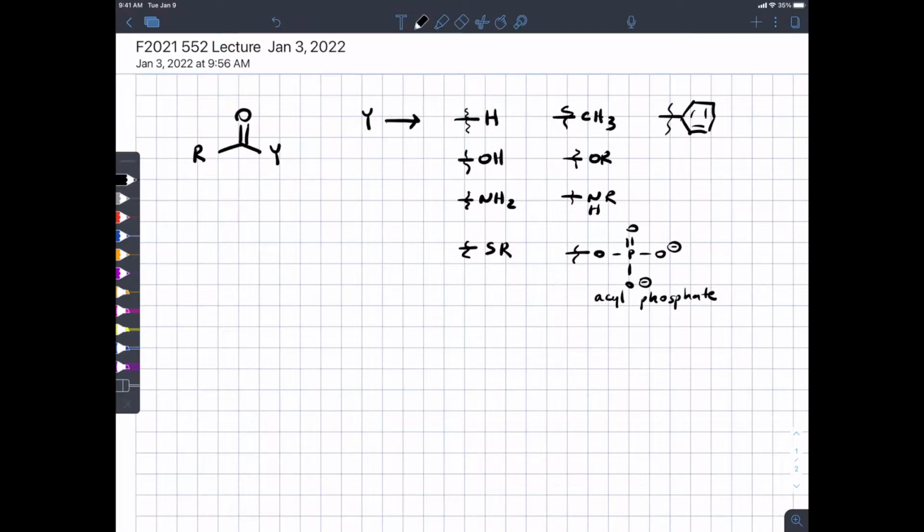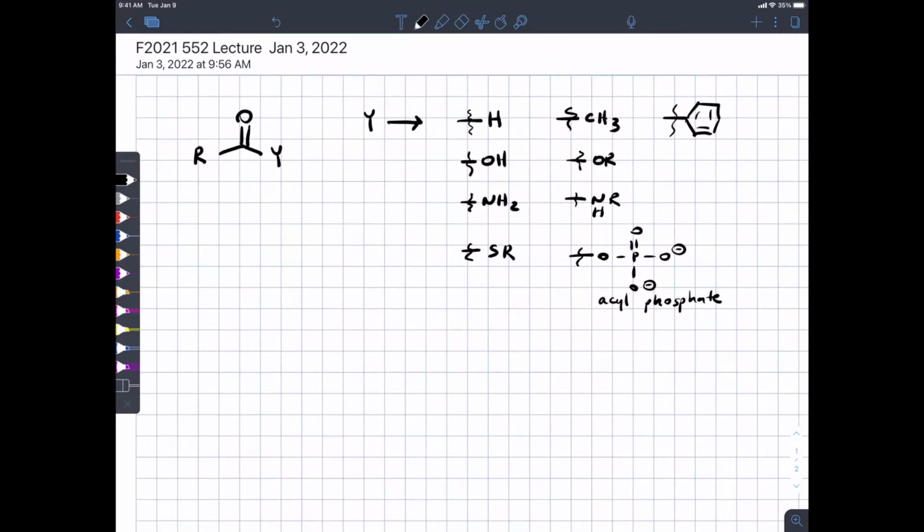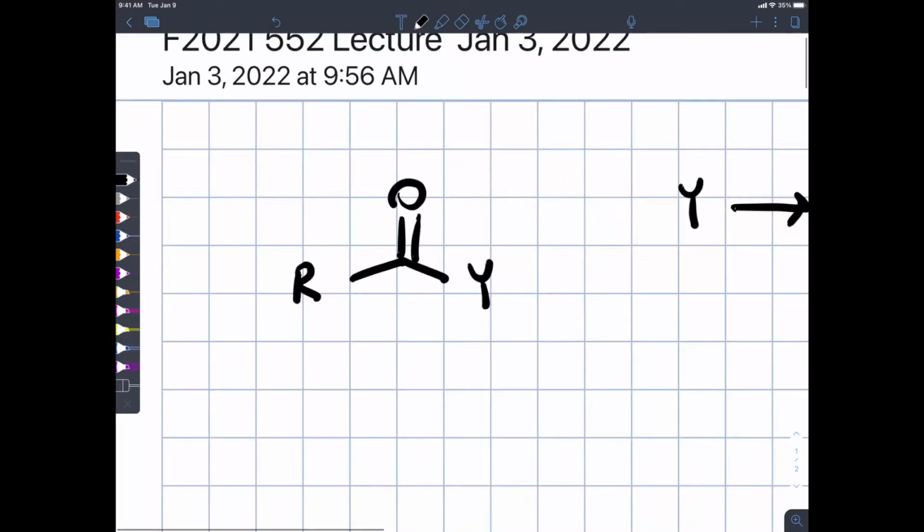So let's talk about the things that are going to be in common among all of these types of molecules. First, the oxygen has lone pairs on it. Lone pairs are not involved in bonding. Consequently, they are higher in energy than any of the bonding orbitals. So the most reactive electrons in this molecule are the lone pairs on oxygen.